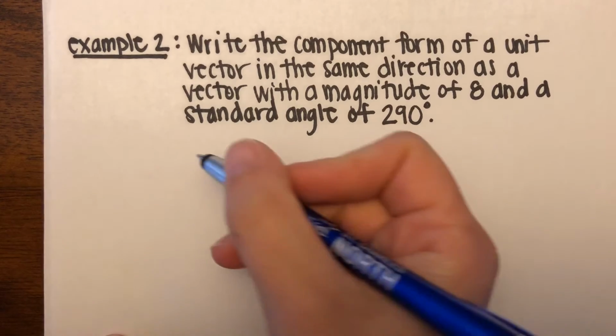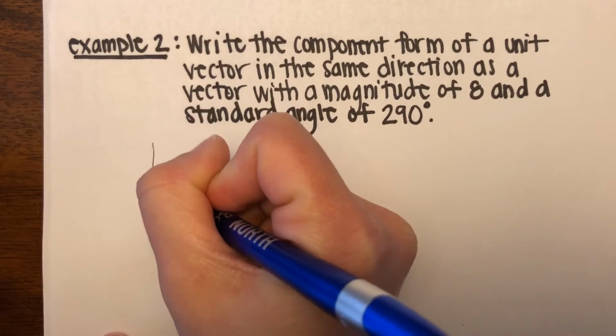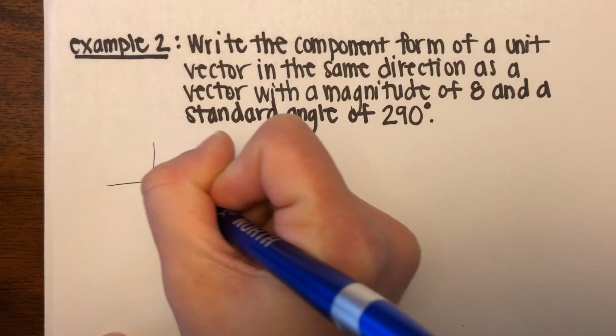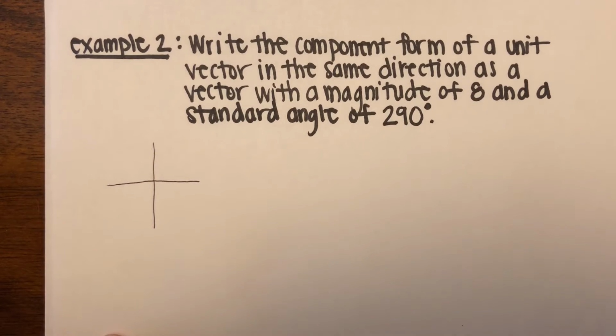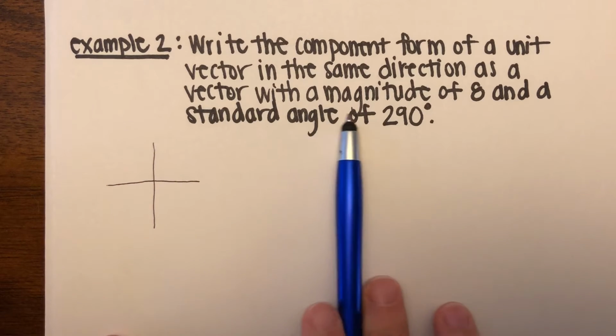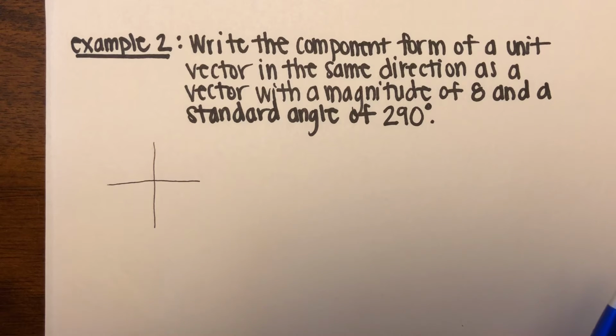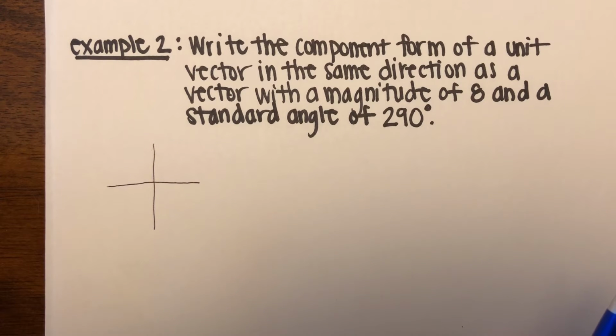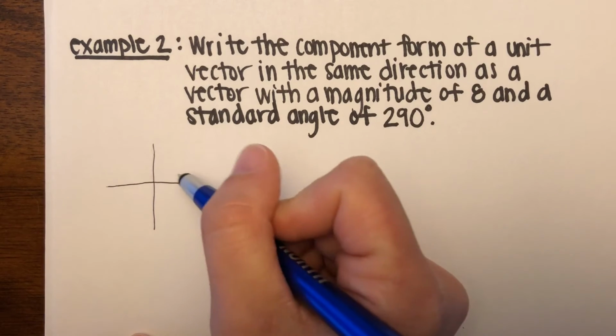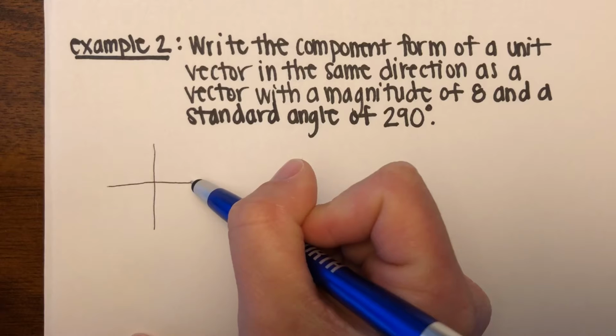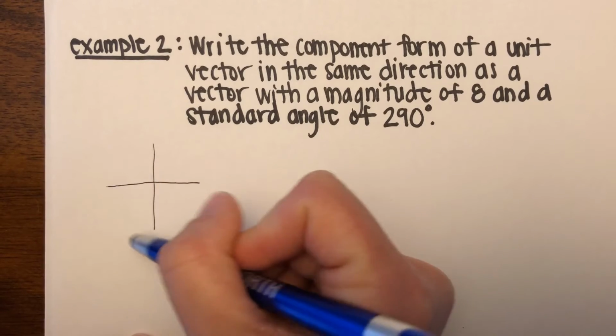So again, I always recommend drawing a picture of the situation that you're dealing with. So now we have a vector with a magnitude of 8 and a standard angle of 290 degrees. So let's figure out where that is. Okay, so standard angle, remember, is from the positive x-axis counterclockwise to the vector.